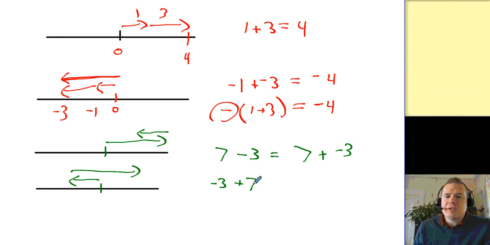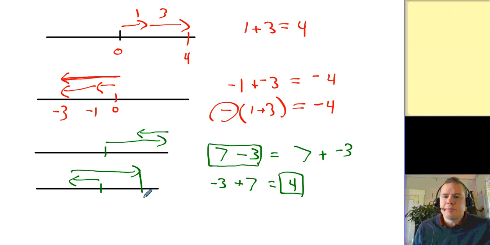I can see that these are opposite directions. The 7's positive, the 3 is negative. So for these, I'm recognizing that I want the difference. Either way, I'm ending up at 4.